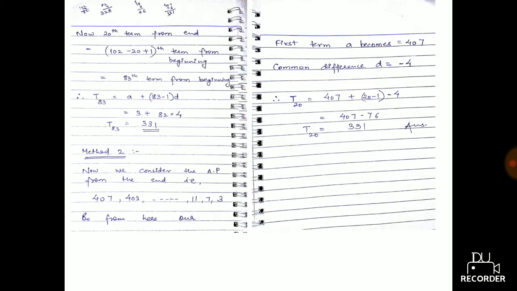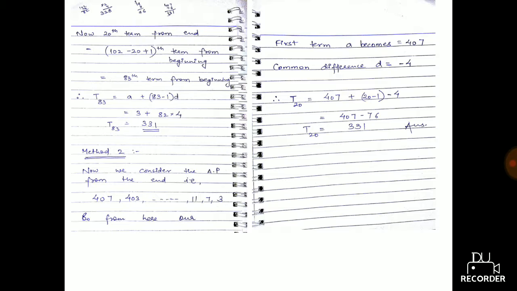So the 20th term from the end is the 83rd term from the beginning. We are going to find it using the general formula for the nth term, that is T83 is a plus 83 minus 1 d, and what we get is T83 is equal to 331, so the 20th term from the end is 331.